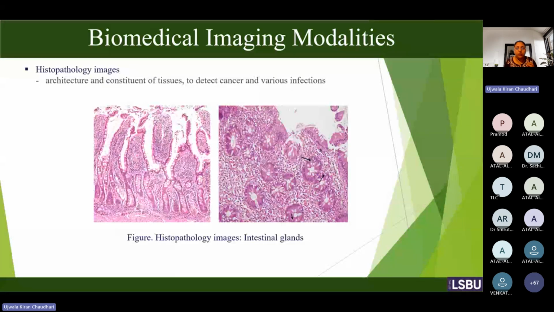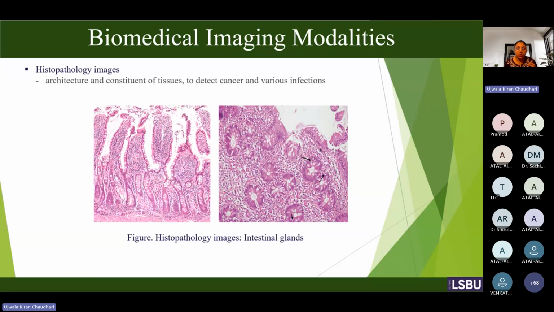Histopathology images are also considered as biomedical imaging because histopathology images are basically, we heard about biopsies, right? So when the biopsy has been done, that portion of your tissue is given to the laboratory for further analysis, and then usually we trust whatever the lab result says rather than the user symptoms, or what the doctor concludes.